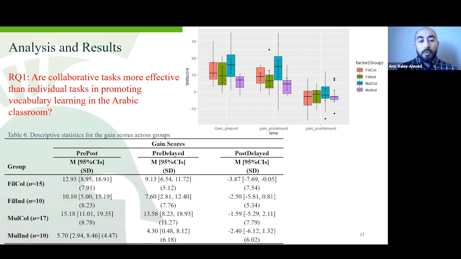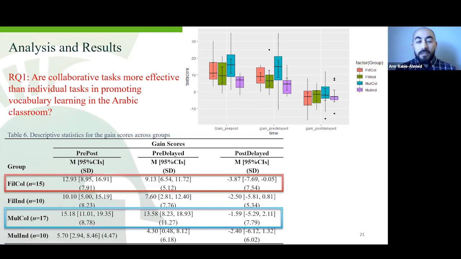Looking at the numbers in this table, we can see that specifically the two collaborative groups made more gains than the individual groups. But again, it looks like everybody gained something, but the collaborative groups gained more.